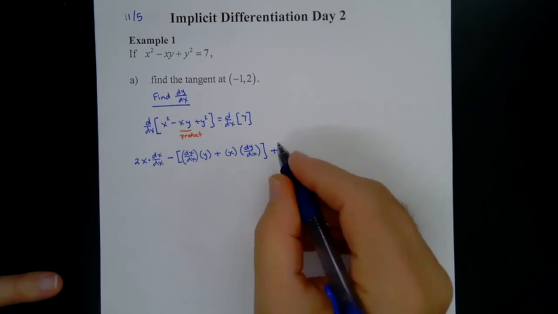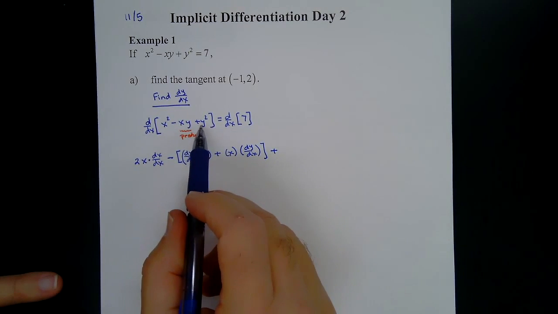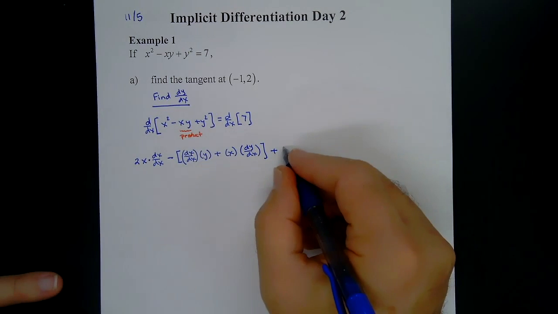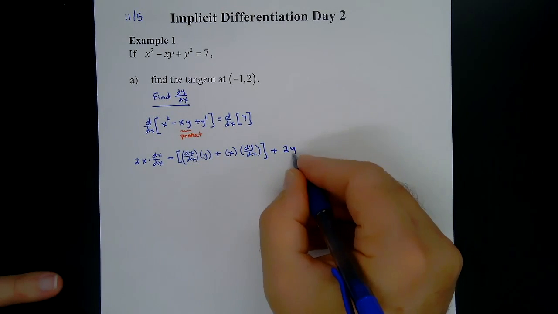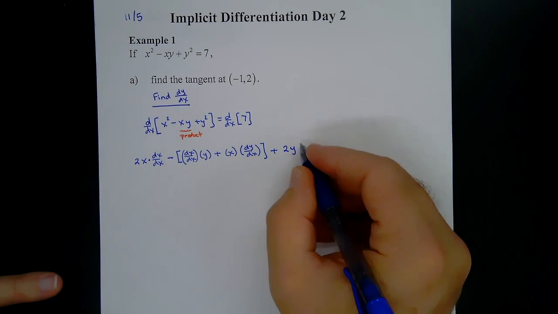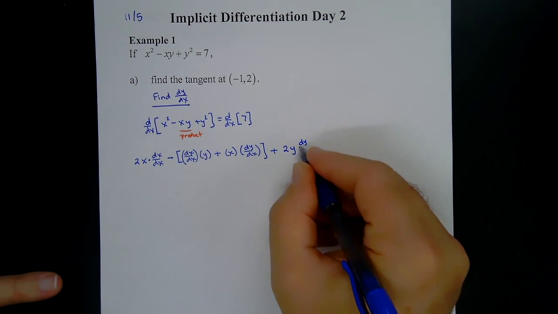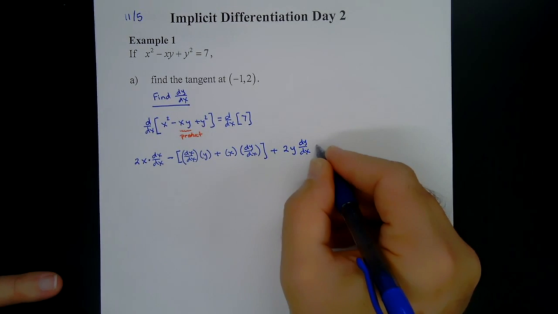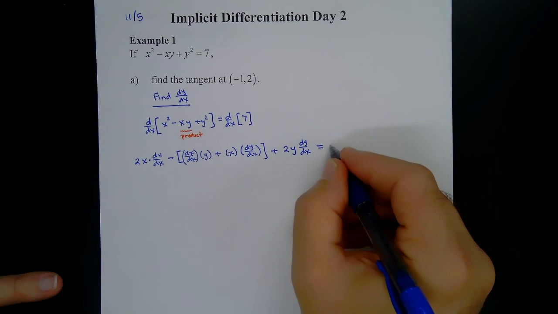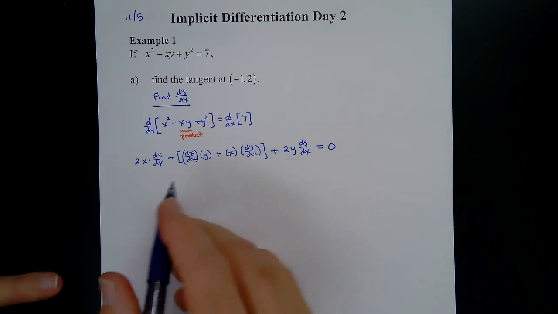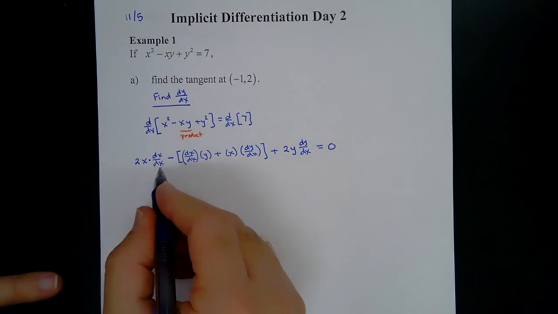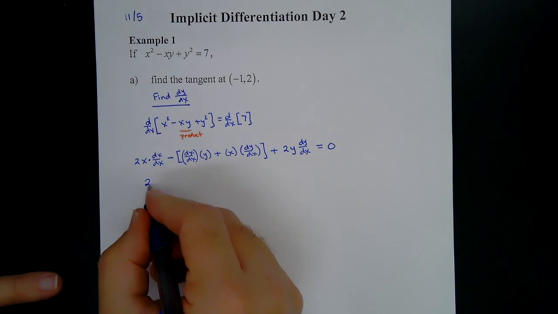And then plus, now we have to take the derivative of y squared with respect to x. So that would be 2y, times the derivative of the inside, which would be dy over dx, and then equals the derivative of 7, which is just 0. Cleaning this up, this would just be 2x because dx over dx is 1.